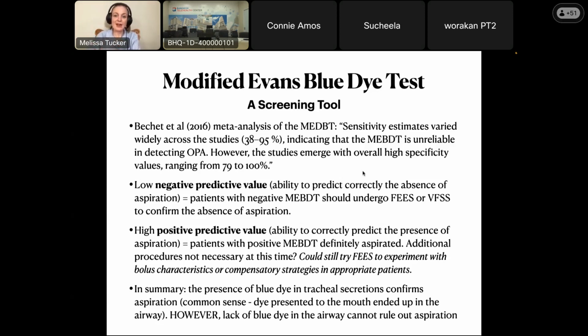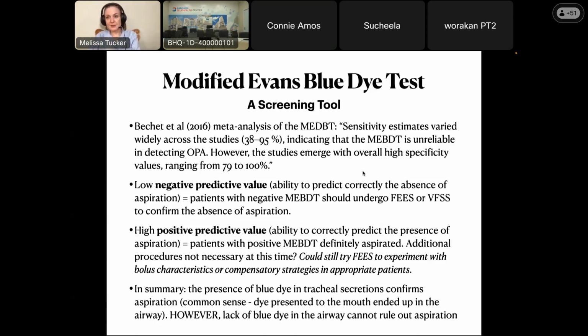A small caveat there is that you could still try a FEES to experiment with bolus characteristics or with compensatory strategies in appropriate patients. So you could use different size sips on the FEES, you could use thickened liquids, you could try compensatory maneuvers like a chin tuck or a head turn or a hard swallow in appropriate patients.